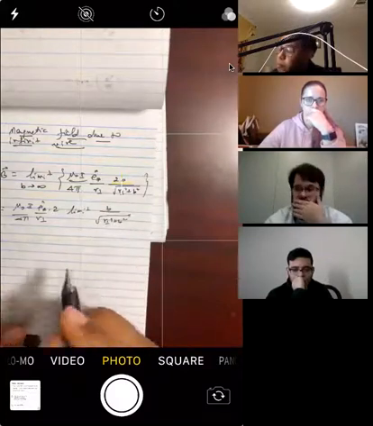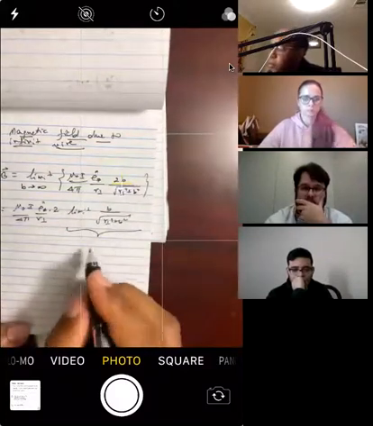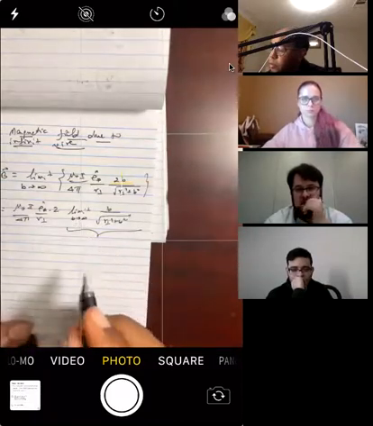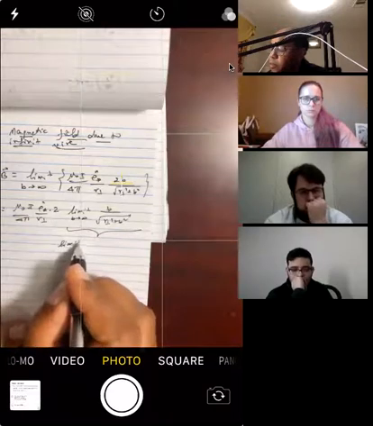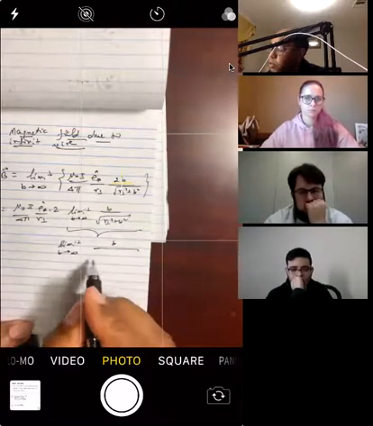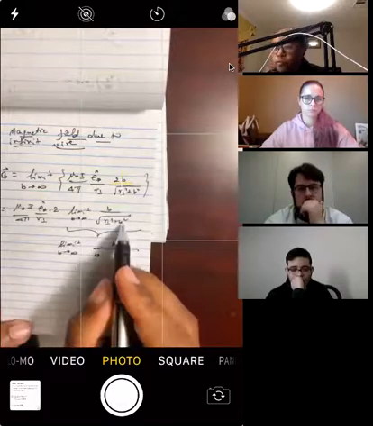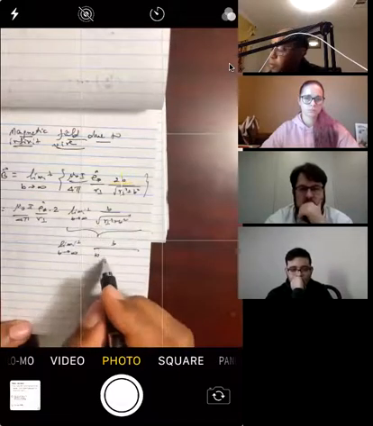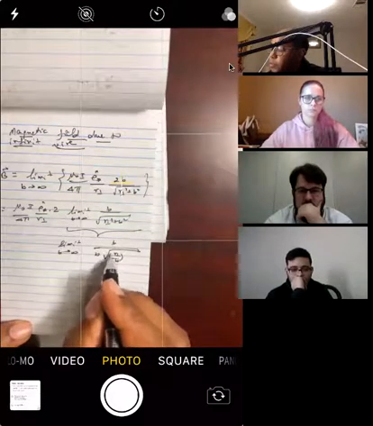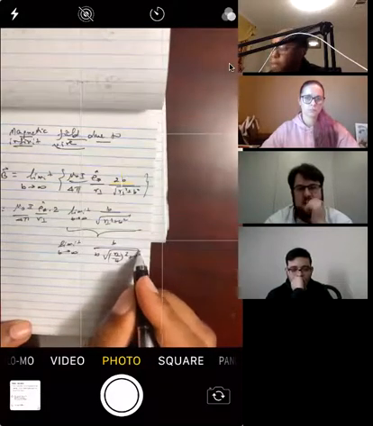As b approaches infinity, factoring out b squared gives b, so it'll be the square root of r perpendicular over b, squared, plus 1.